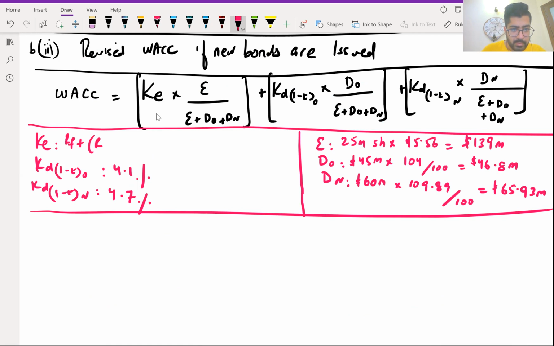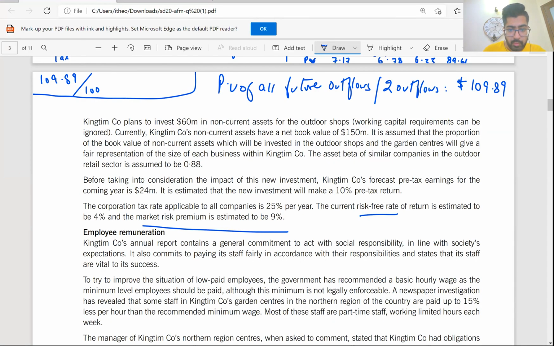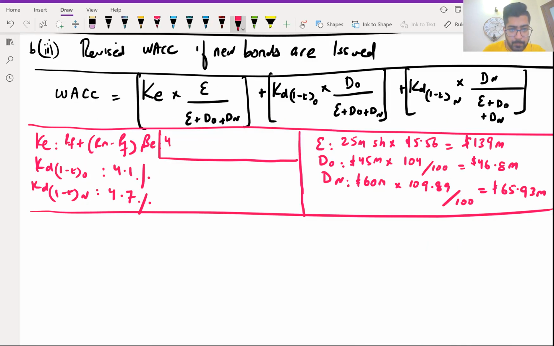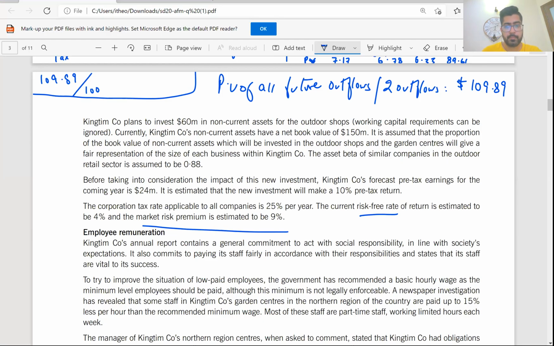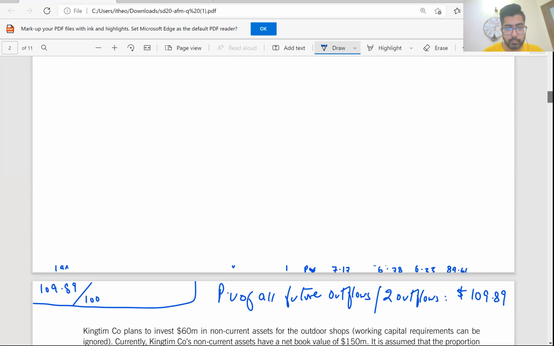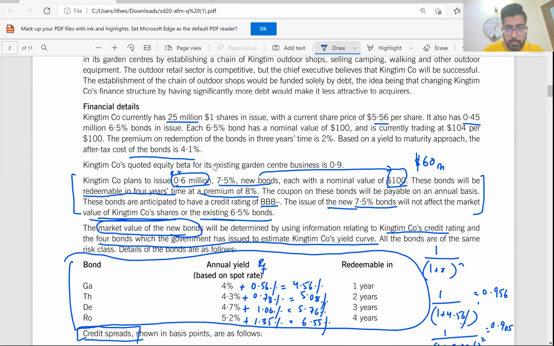So if we check it, the risk-free rate is 4% plus RM minus RF premium is 9% into beta equity. You might argue that beta equity was given, which we used previously, 0.9, but this is where the problem gets created.